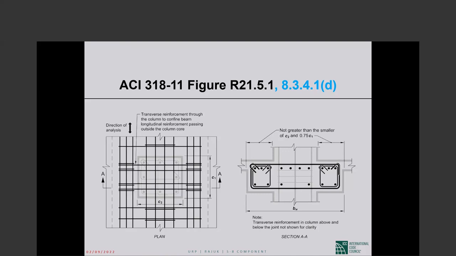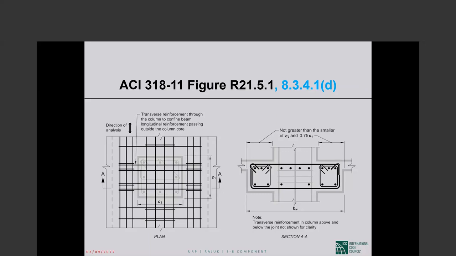And this is why we cannot make flat plate column frames part of the seismic force resisting system in seismic design categories D, E, and F. ACI 318 has no explicit restriction.